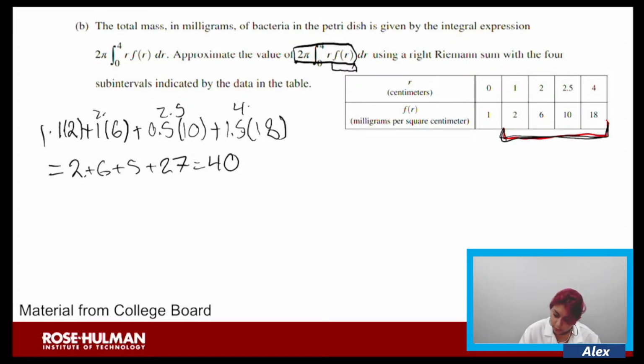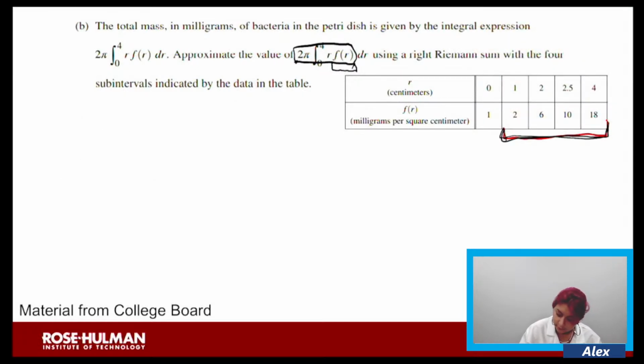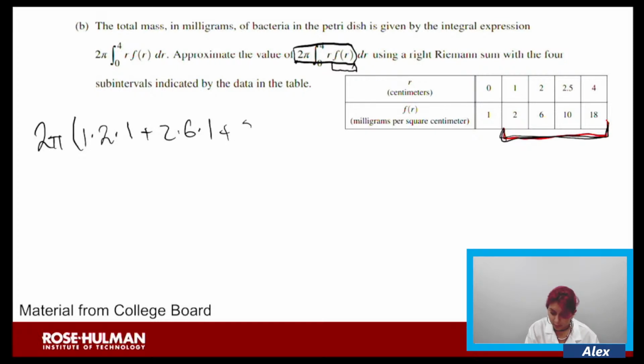So to remedy that real quick, we will rewrite, let's bring 2 pi out front, and we'll multiply the exact same thing we did earlier, except this time also considering our r values. So we have one times 2 times 1, our delta x, plus 2 times 6 times 1 plus 2.5 times 10 times 0.5, our delta x for that, and then 4 times 18 times 1.5.